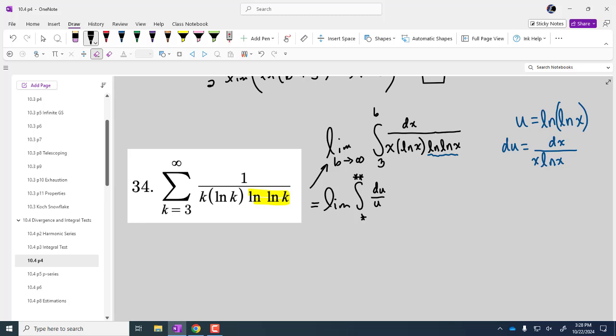And what's the integral of that? ln u. Again, we don't have to deal with absolute values. Everything's positive. So we're there. Then we back substitute, so we get ln of ln of ln of x, thank you. And now we can go back to our x limits.